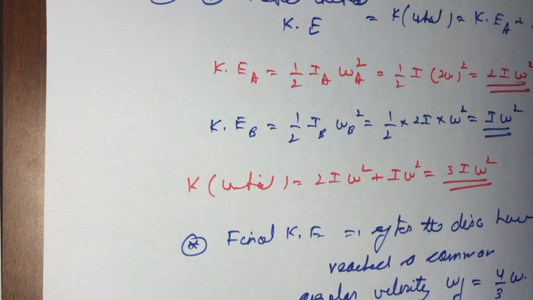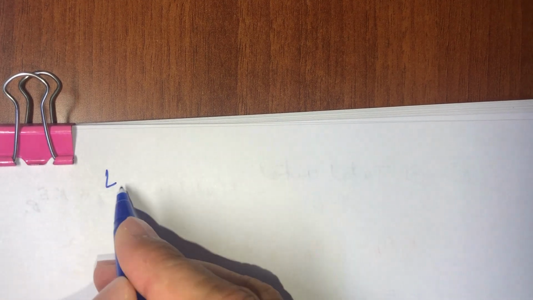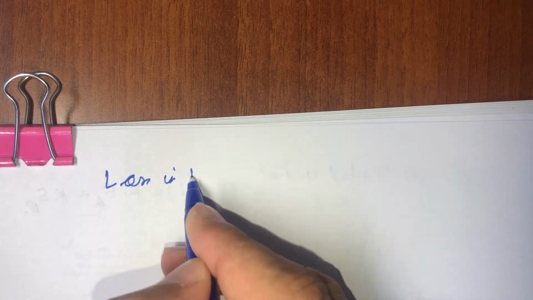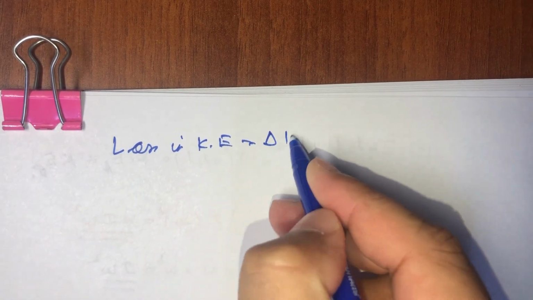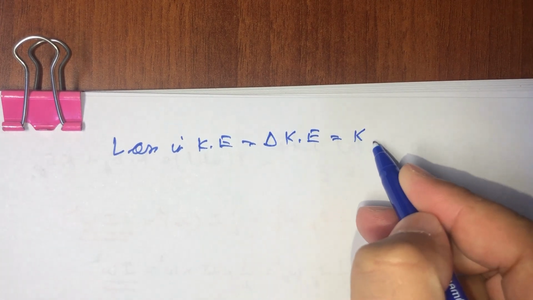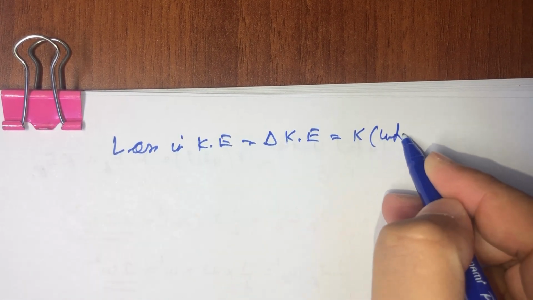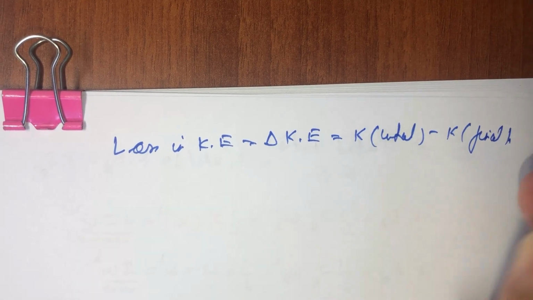So loss will be equal to their subtraction. So we can say that loss in kinetic energy, let us suppose given as delta KE, is equal to kinetic energy initial minus kinetic energy final.